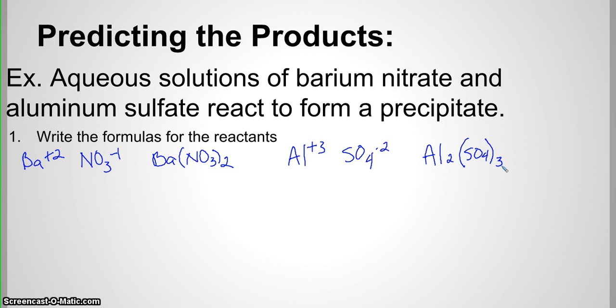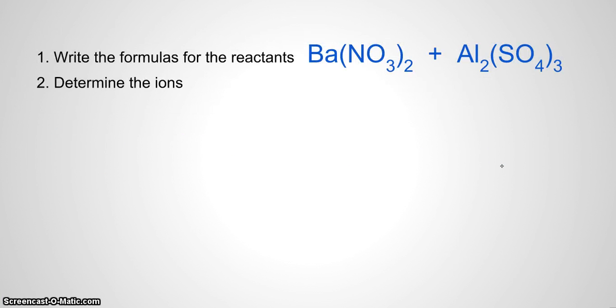Now we can go through the process of the double replacement. So our next step is to figure out what our ions are. We kind of just already did that. And the reason we need the ions is that we have to break them apart so they can replace each other and then bond back together.